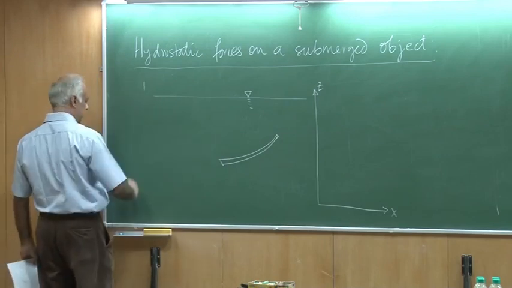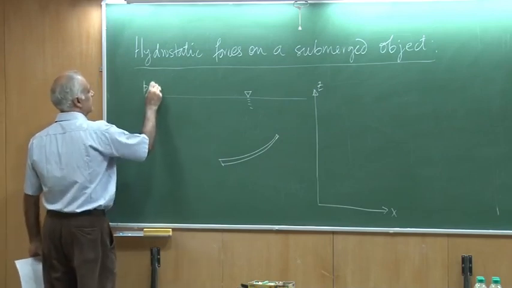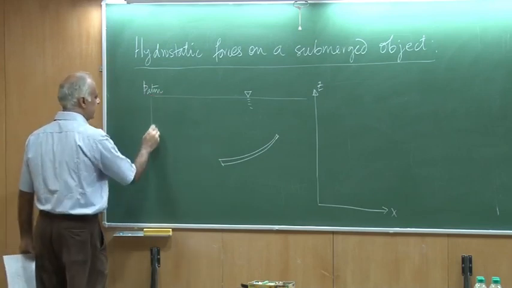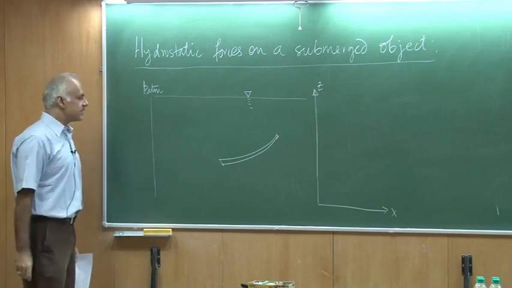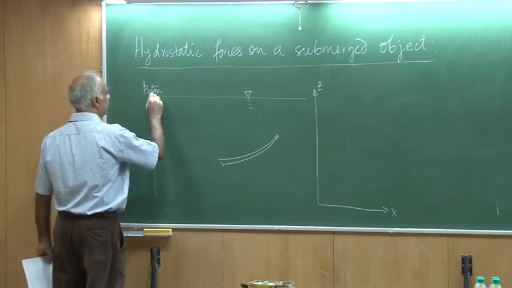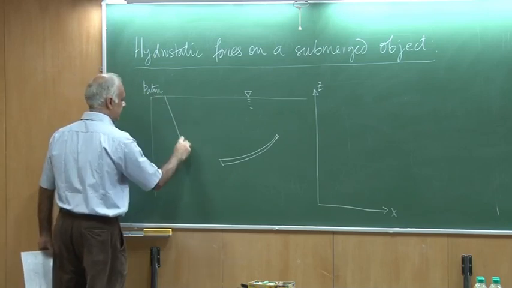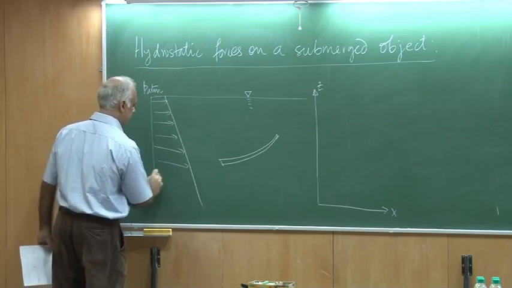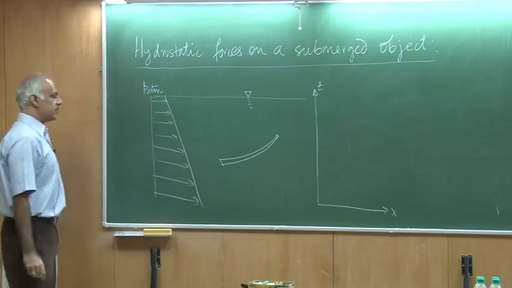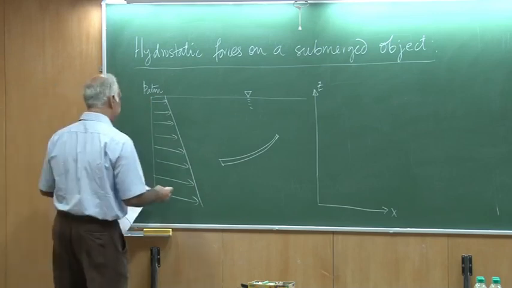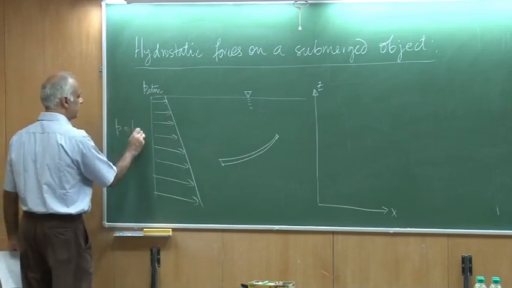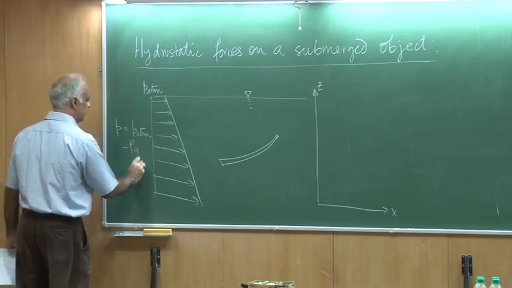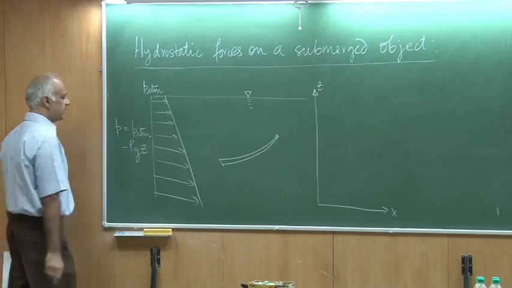In fact, if this is the atmospheric pressure, then it's easy to see that if I wanted to plot the variation of pressure, I'm going to get a linearly increasing pressure, and P at any point would be given as P atmosphere minus rho g z.